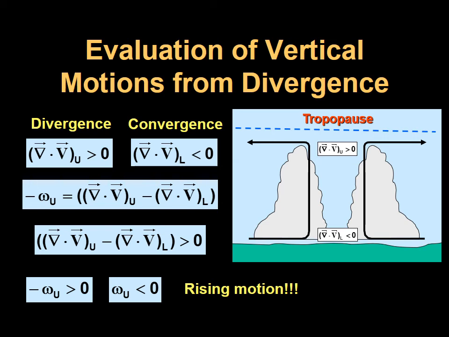So the right-hand side of that equation is positive. To make the left-hand side of the equation positive, in other words, to make that minus omega term positive, that means that omega needs to be negative. And a negative omega is rising motion.